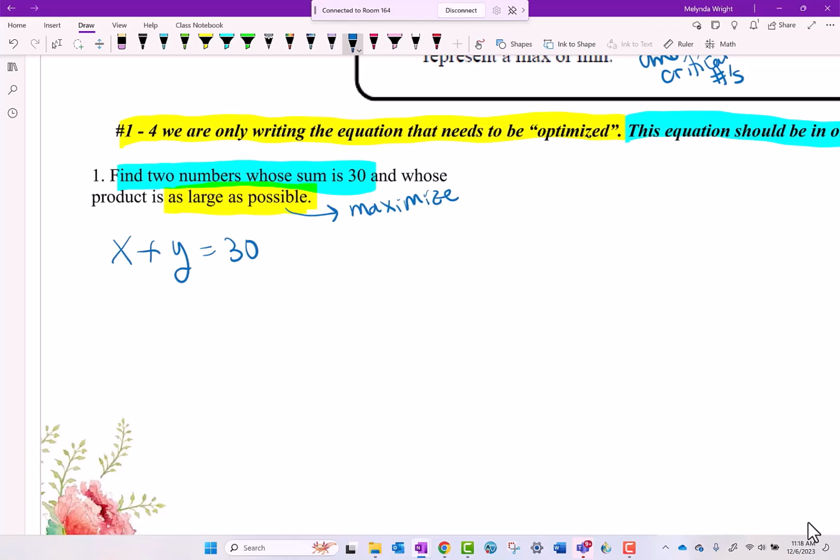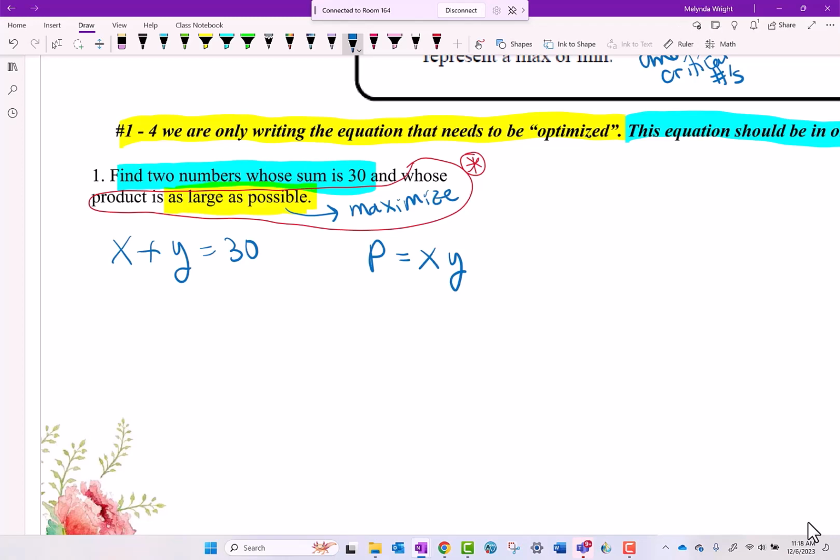And the other criterion here is whose product is as large as possible. This is the piece. Product is as large as possible. This is the important equation. This is the equation that we're going to maximize or minimize. So we need to write an equation for a product. So I would just label it product equals, and then I would multiply those two variables.